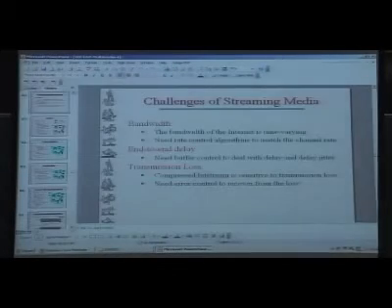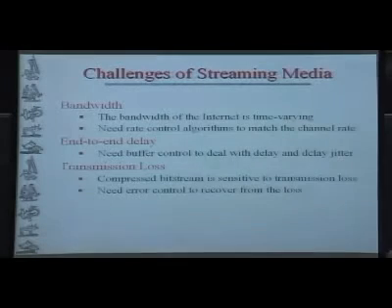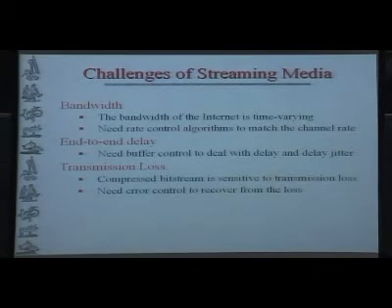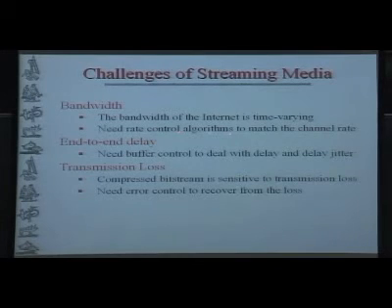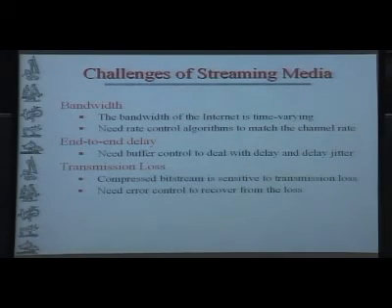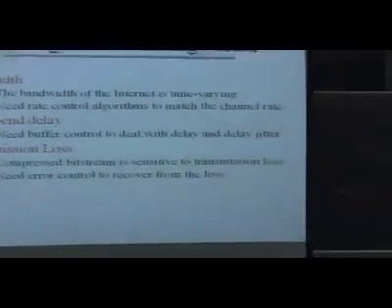So maybe let's just spend a little bit of time talking about the challenge. Certainly bandwidth is important. The bandwidth of the internet is time varying, so we have to take that into account. You need the rate control algorithm to match the channel rate. That is the key problem of streaming.